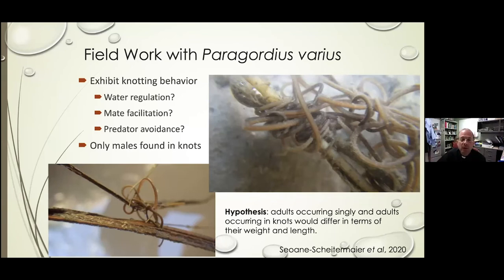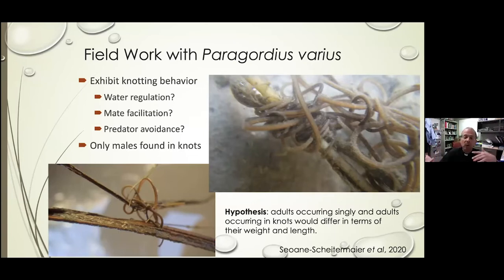When we go out in the field, we only find males in knots, and that's consistent with other studies. So we decided we would go out during a time of year where we know the adult worms are out there, and see what's going on with these knots. We hypothesized that adults occurring singly and adults occurring in knots would differ in terms of their weight and length, right?